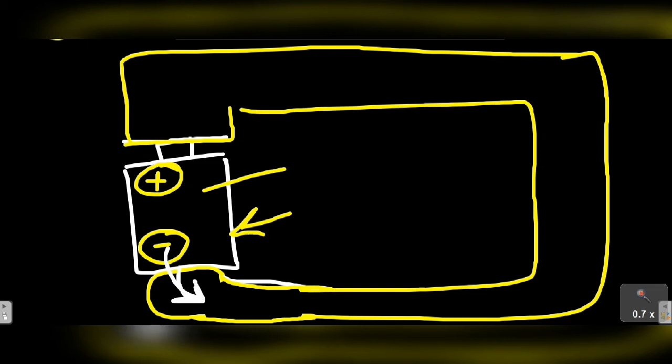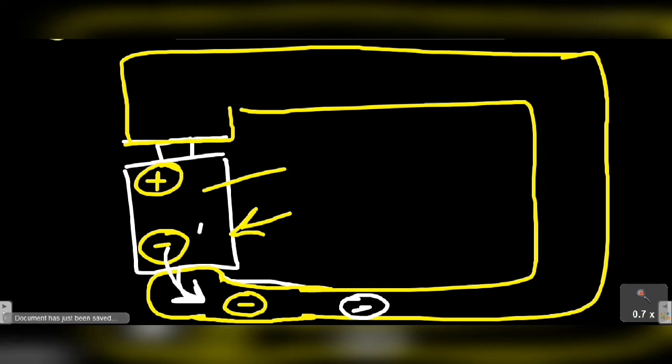Its initial position was here, but then its final position is here. Once this electron that has come outside the battery meets the electron that is inside the wire, there will be a force of repulsion because these two charges are like charges.